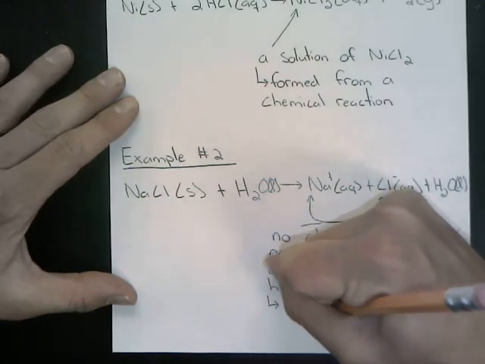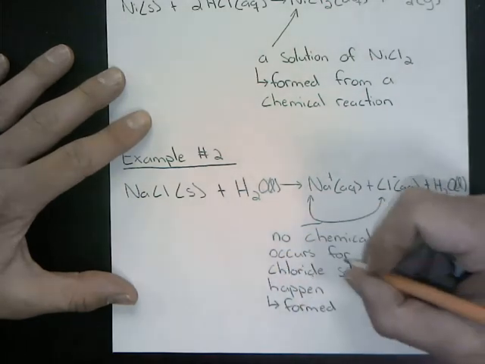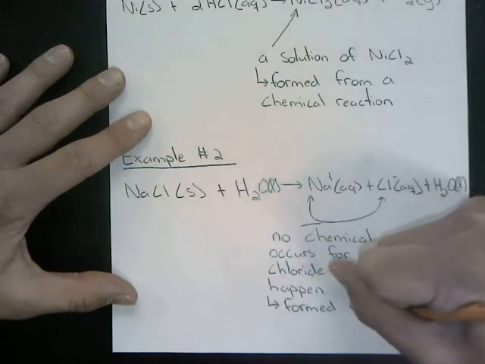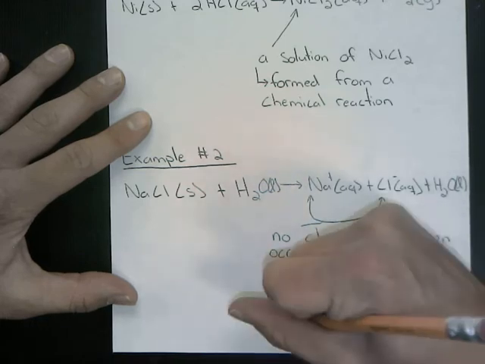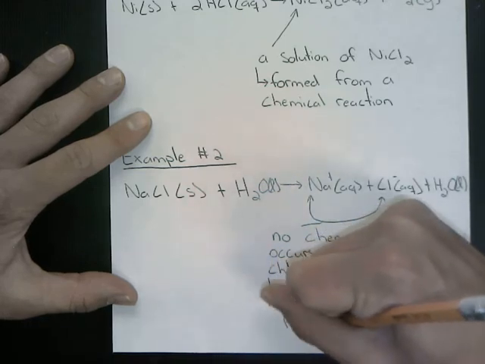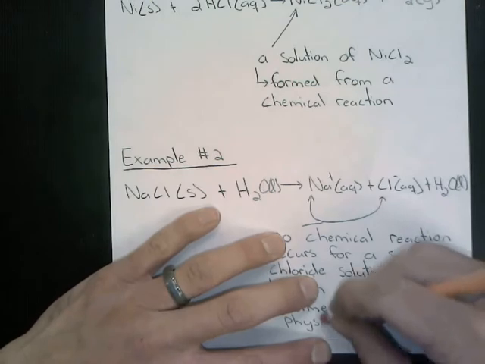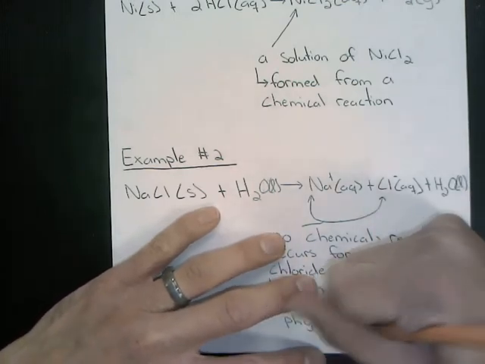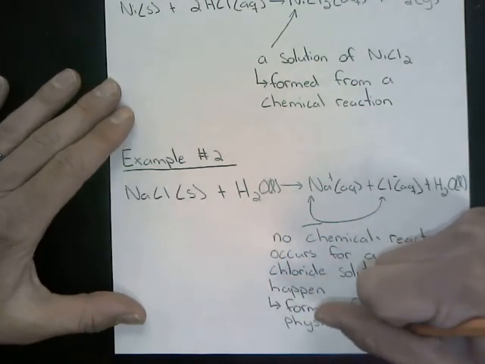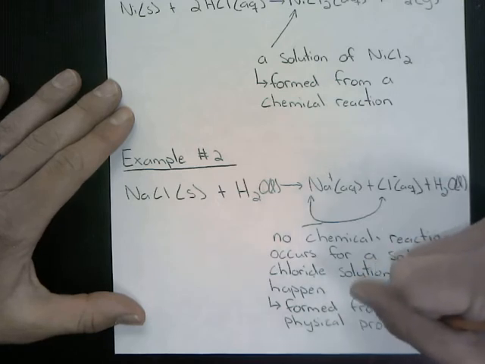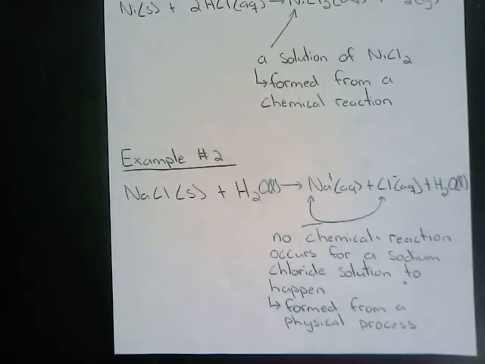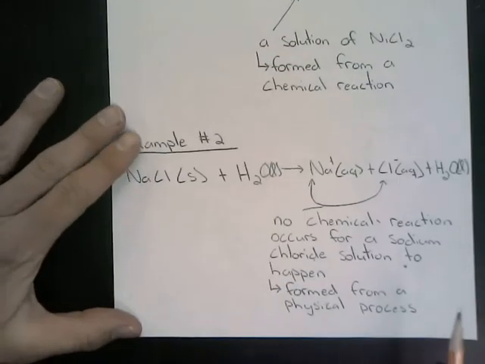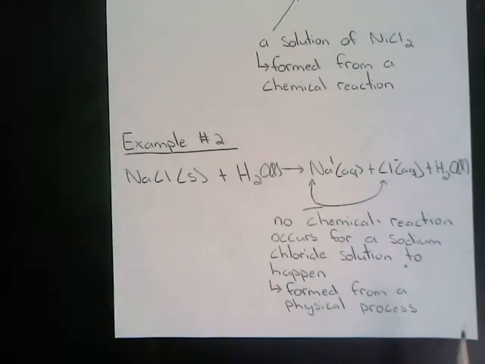So the bottom line up front here is that you can have a solution form from either physical or chemical processes. Again, I want to make this point real clear, and this is a general statement for this entire page, that you can have a solution form by either a chemical or a physical process.